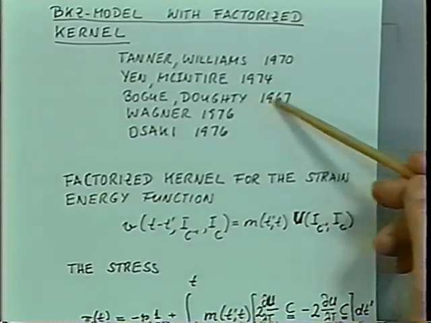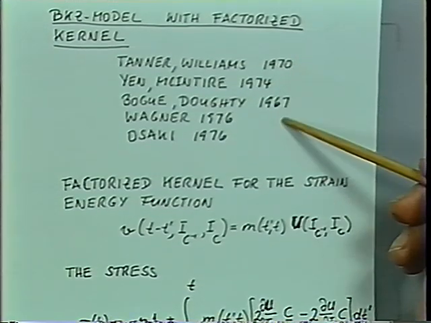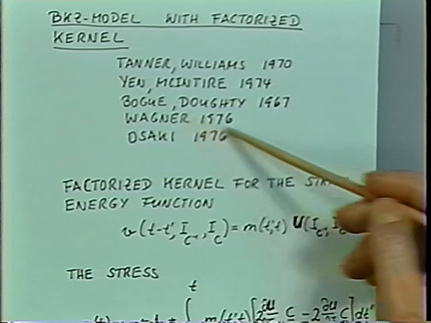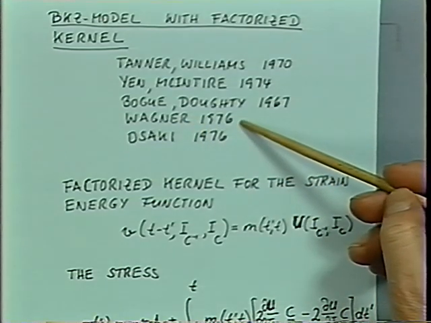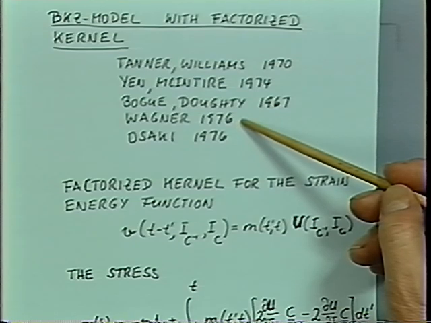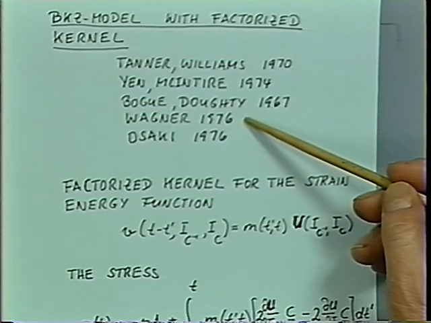In '71, Osaki's experiments were available, so that type of approach would have been logical at that time. But note, Bogue and Tanner were, even before seeing those experiments, fairly early. They, in fact, didn't have enough experimental data. When Wagner looked at this approach in '76, he had substantial amounts of experimental data of Meissner, Laun, the BASF laboratory, and he was the one writing a set of beautiful, very clearly written papers.